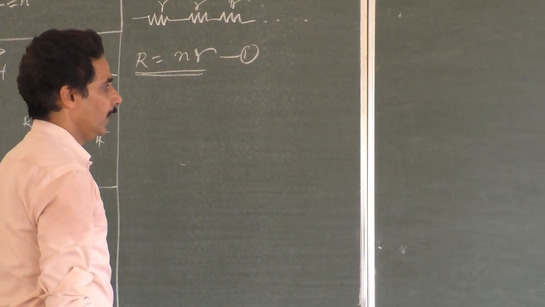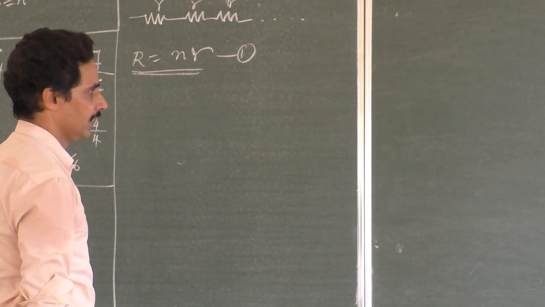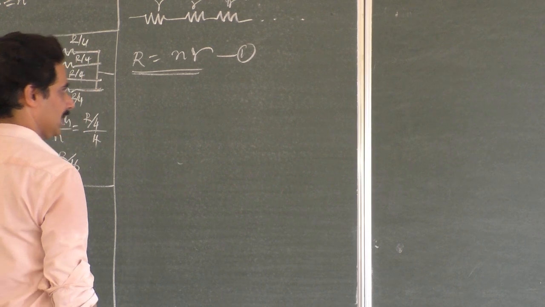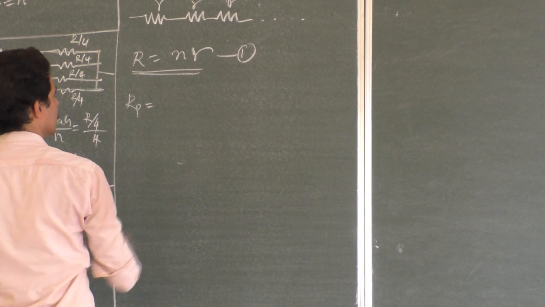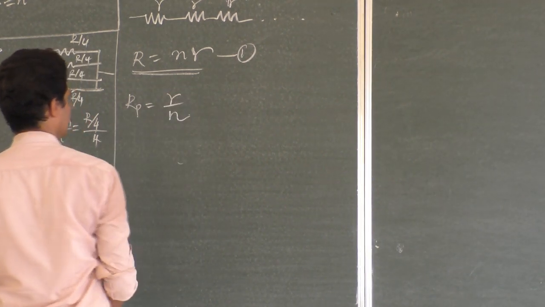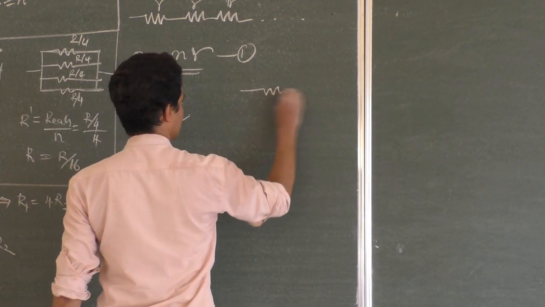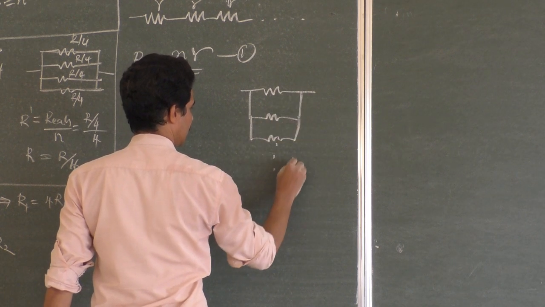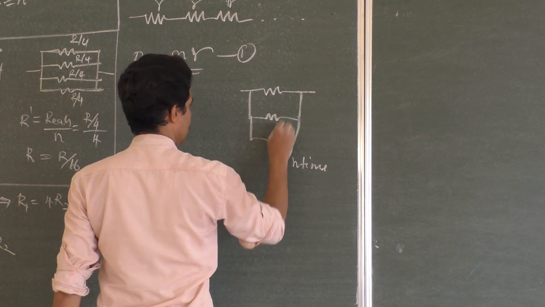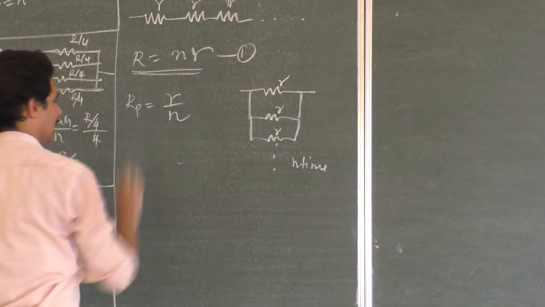Then, when the resistors are connected in parallel, the effective resistance of the combination is. So R effective in parallel is r by n, correct? Each resistance r is connected in parallel n times. Now it is r by n.